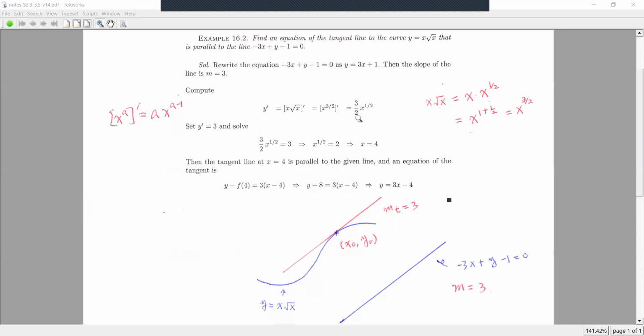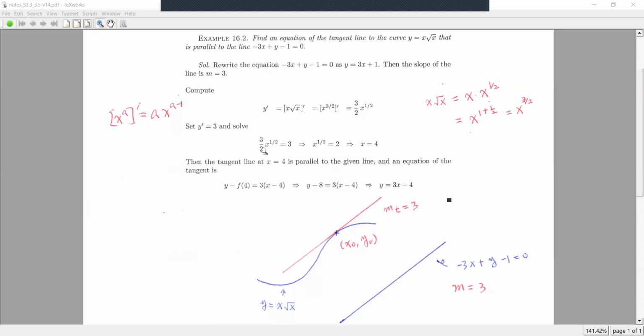This is the derivative of the given function, and also it is the slope of the tangent line to the graph of the given function at the general point x. Now set the derivative equal to 3 and solve this equation.